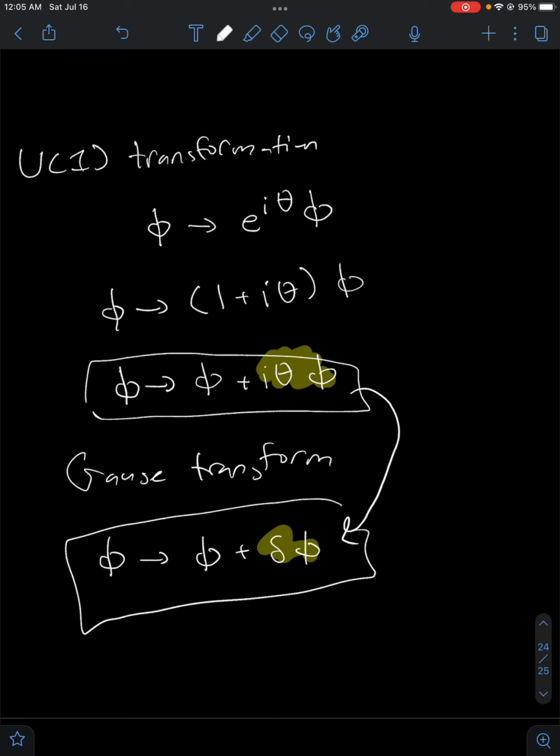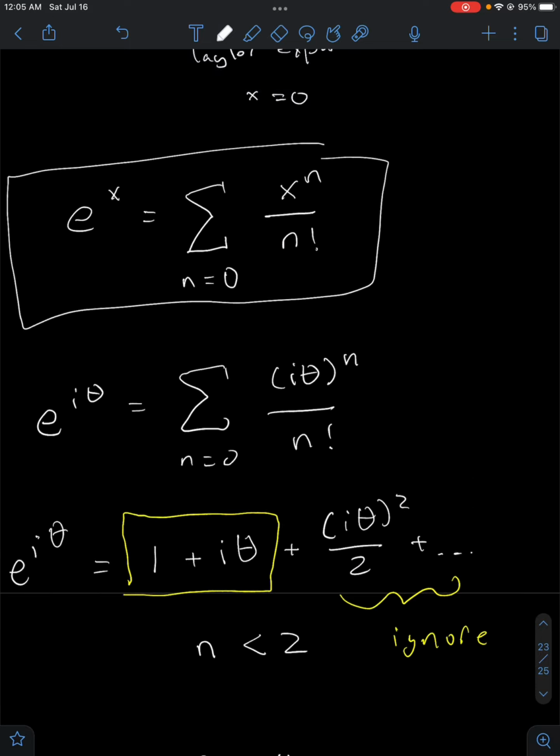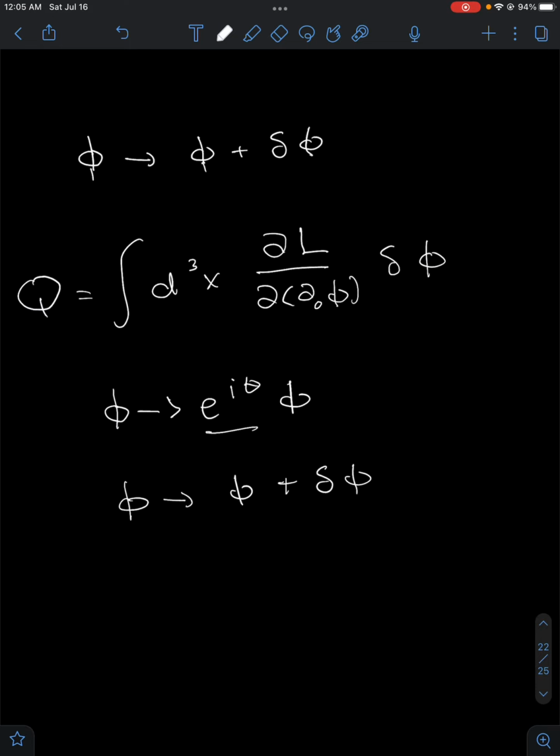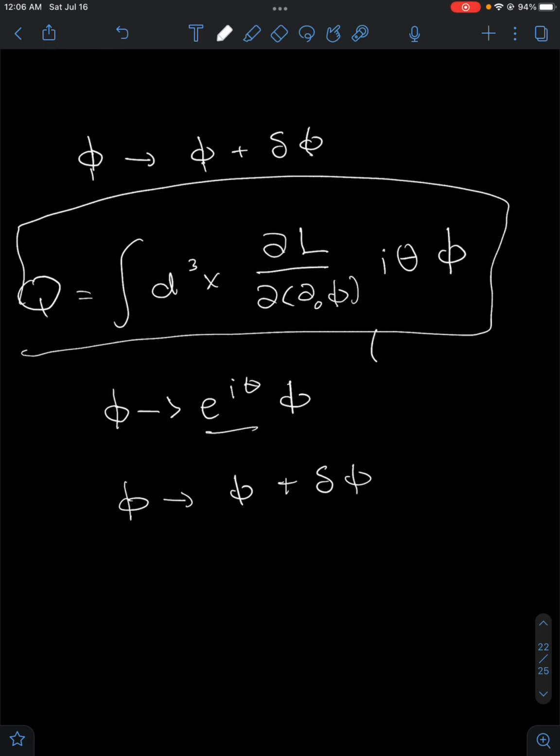And to find the conserved quantity, all we have to do is plug in i theta phi for our delta phi. And now we're done. This is the conserved quantity under a U1 transformation, or U1 symmetry, better said.